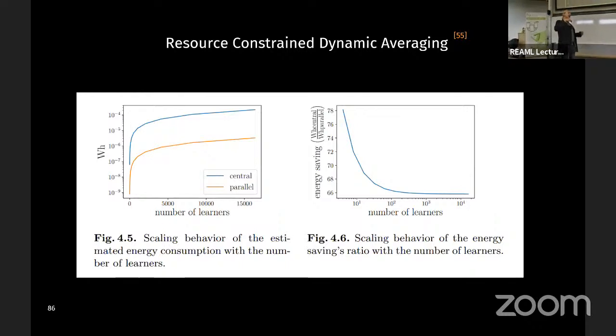And if you then take realistic numbers for the amount of power you need to communicate, which is usually the most expensive thing you can do on an ultra low power device, and compare it to how much communication you save if you do this local training, then you see that you save energy by a few orders of magnitude. That was a fun project.